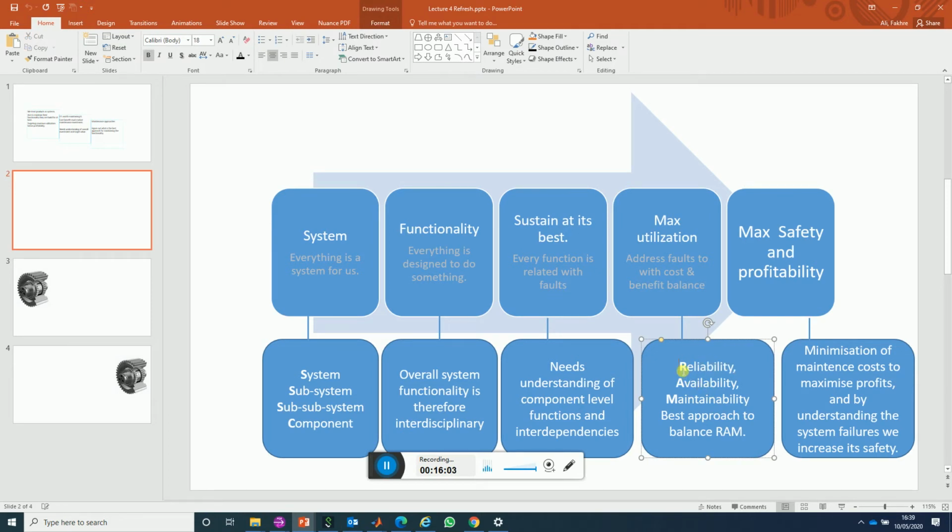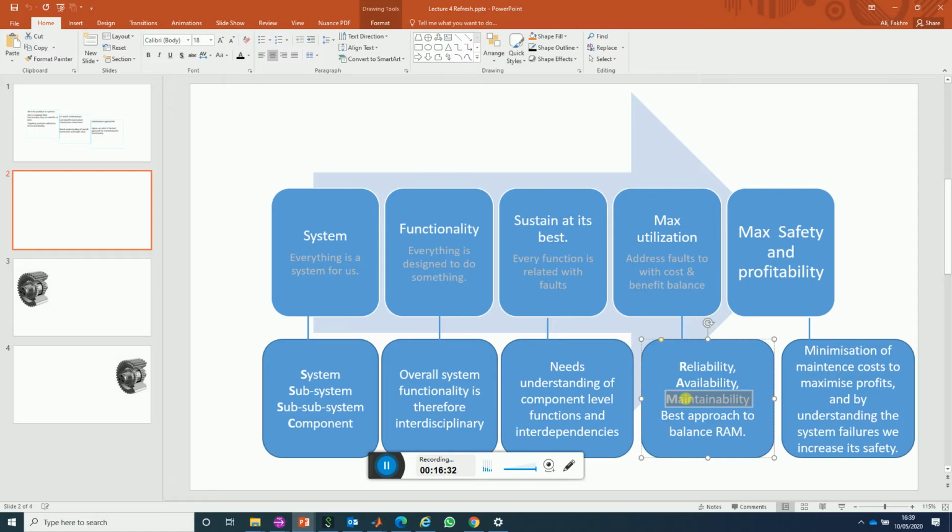By having a good understanding and high reliability, we can make the system available to do the function. And by having these two, we have laid out a plan of maintainability. We have laid out concisely what needs to be done for which fault mode. If this happens, this is what you need to do.